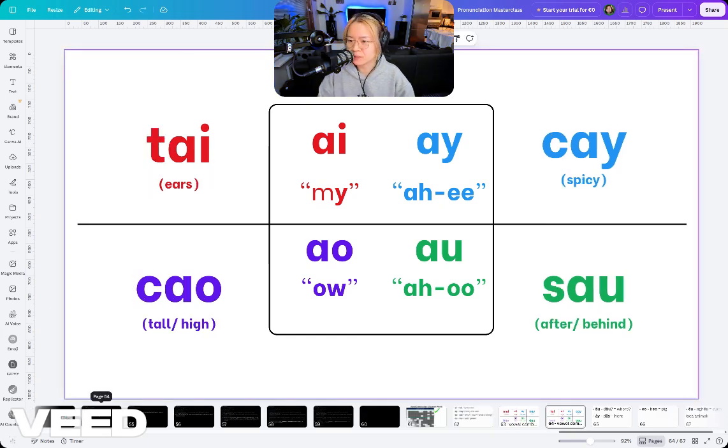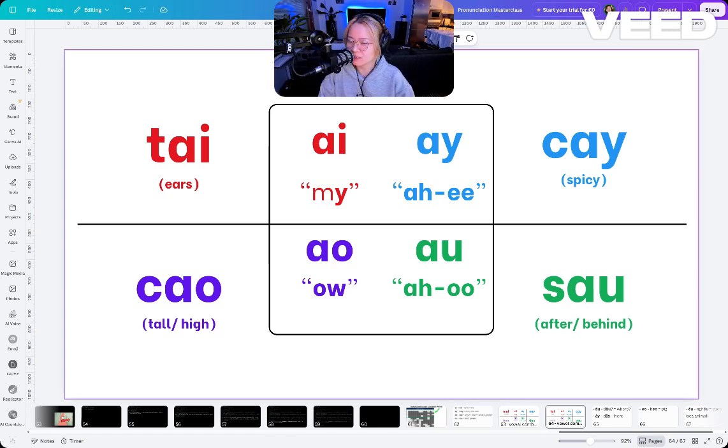More example words. For the vowel I, we have the word for ears. If you know what that is, try to remember ears in Vietnamese, or ear, plural or single. We don't have single or plural form in Vietnamese, just the same word. Tai. For I, we have the word for spicy. What is spicy in Vietnamese?